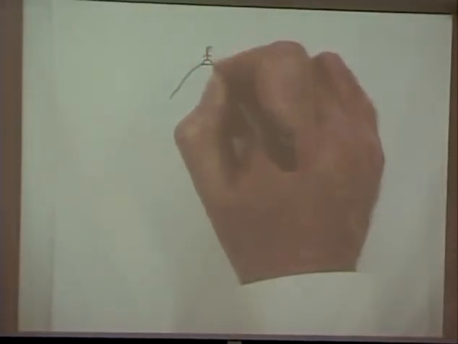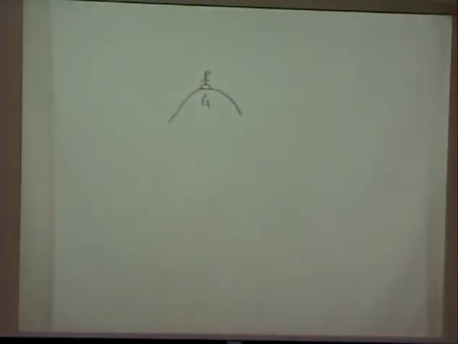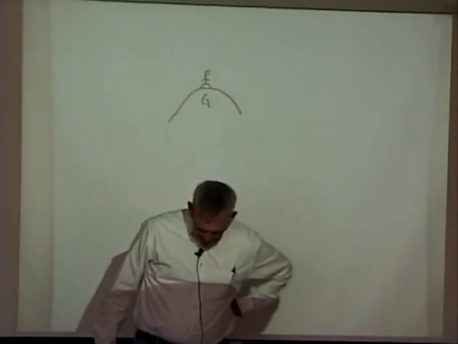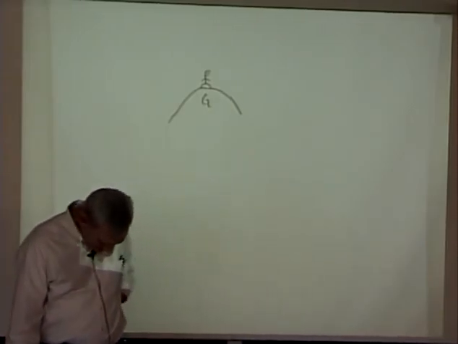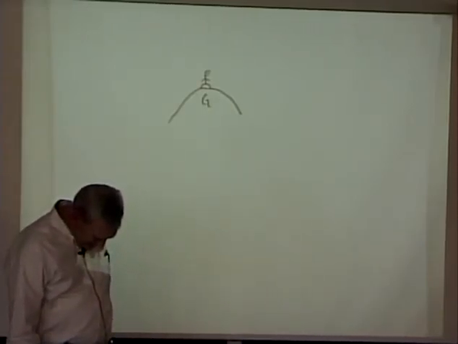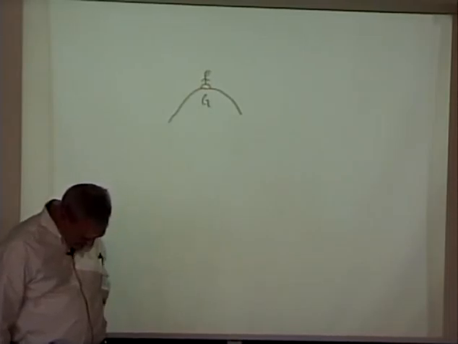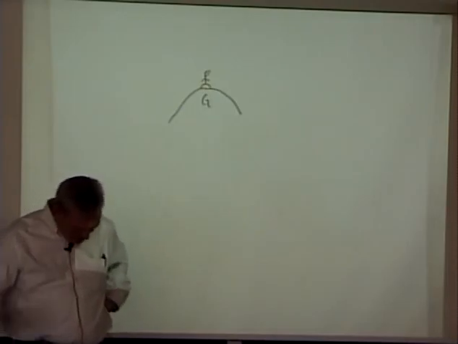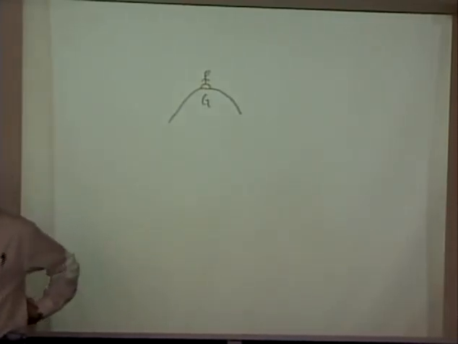I always draw a little man standing on Earth, on the ground. Here's what he sees: a rocket launched outward from Earth has a speed of 0.1 c.